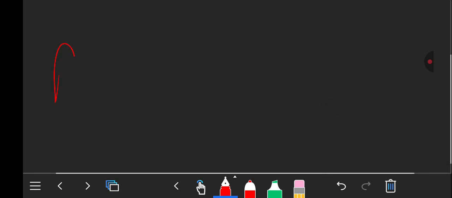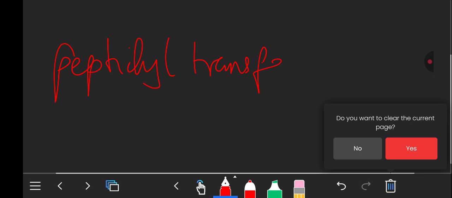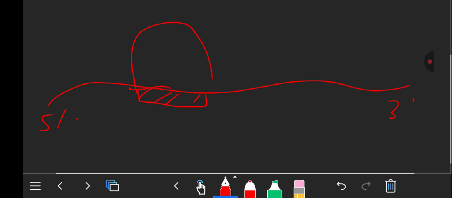And we need also to understand the peptide transferase. Okay, let's look at this for better understanding. Let me draw this strand, 5 prime, 3 prime there. Then of course we have the small subunit. The large subunit has attached.